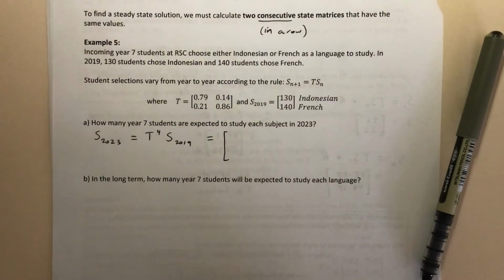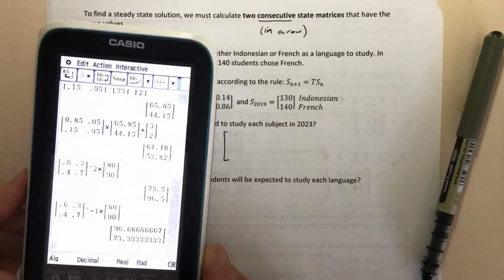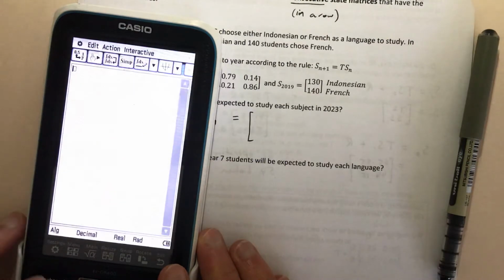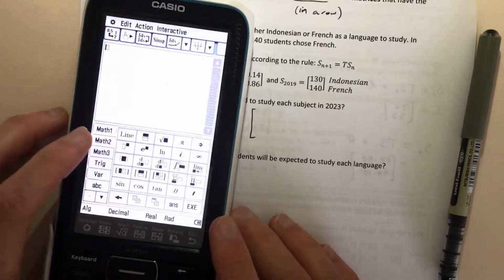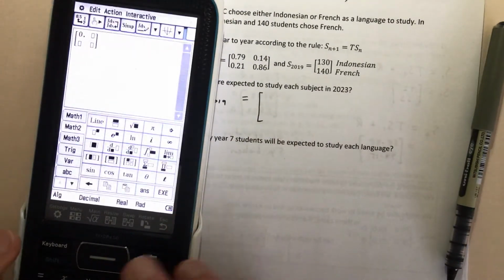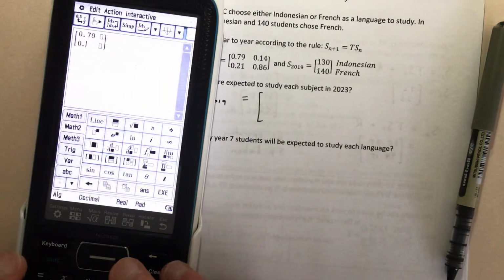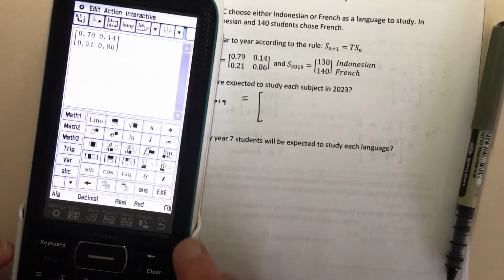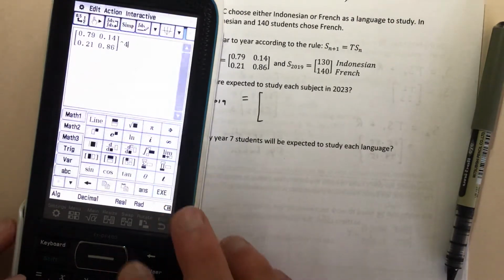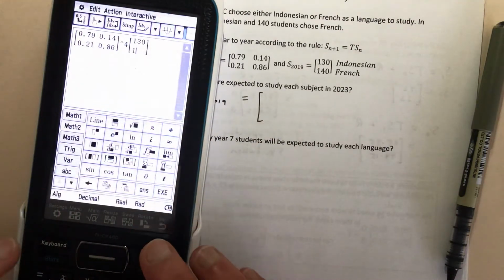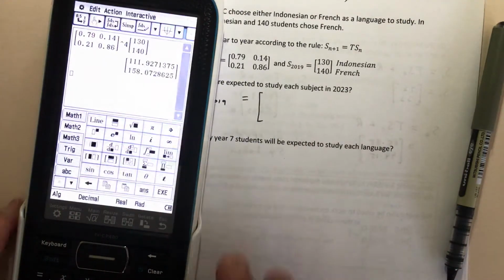Let's put it into our calculator and find out. The transition matrix, 0.79, 0.21, 0.14, 0.86, to the power of 4, times 130, 140. Okay, and there we go.